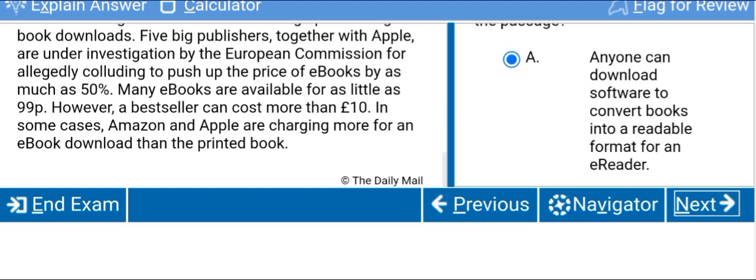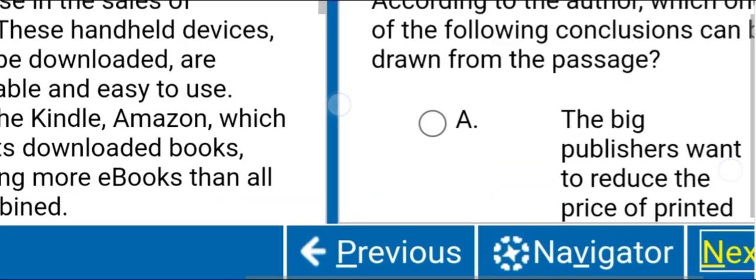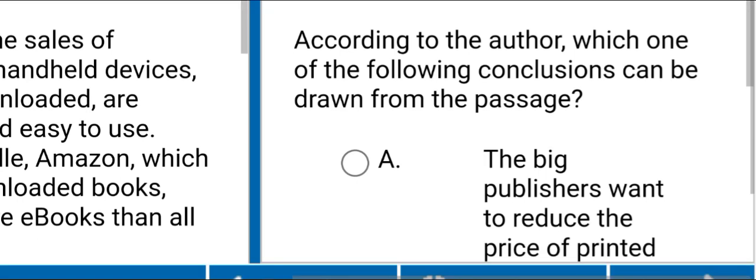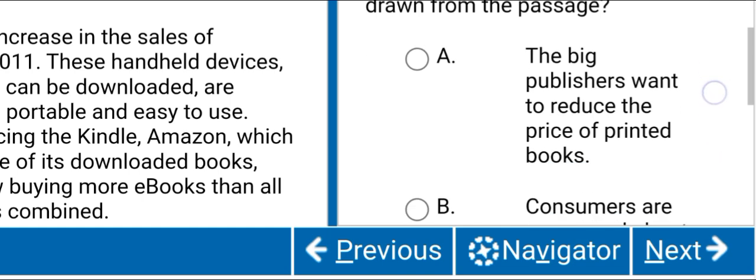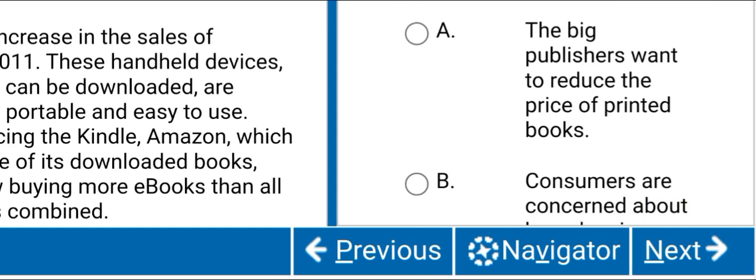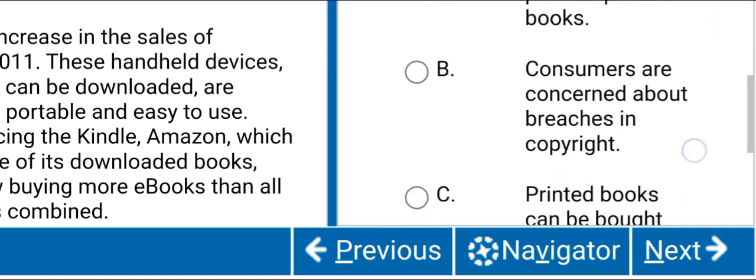So next we have question number 24, which says, according to the passage or according to the author, which one of the conclusions can be drawn from the passage? Option A. The big publishers want to reduce the price of printed books.